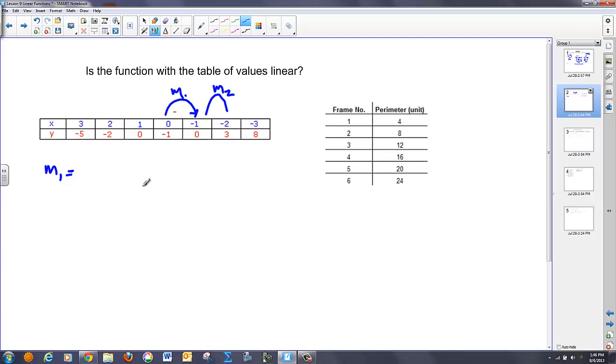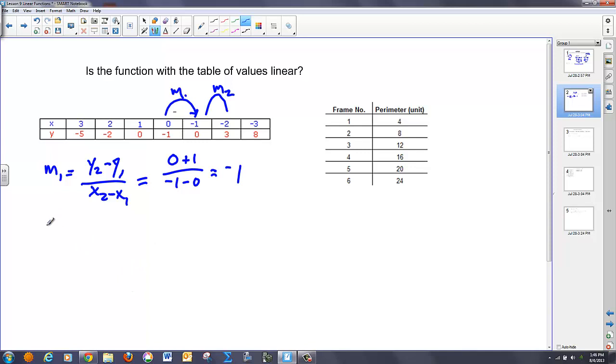So I'm going to go y2 minus y1 over x2 minus x1. So in this case, for the first point, y2 is 0, y1 is negative 1, so plus 1, over x2, or negative 1, minus 0 is equal to negative 1.